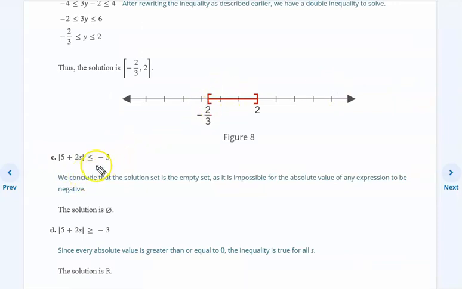Now, I'll use the book for these next 2 as well, pointing out what I think are the highlights. Now, normally we said that if we had the absolute value of something, and that was equal to a negative value, there would be no solution for that. But now we have to modify that just a little bit when we're doing inequalities.